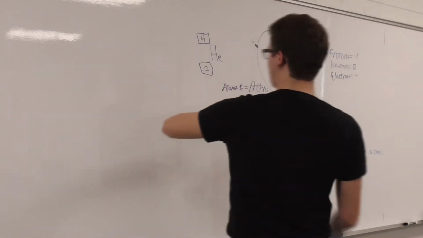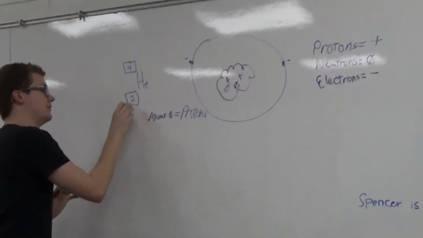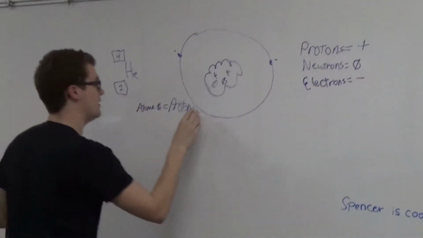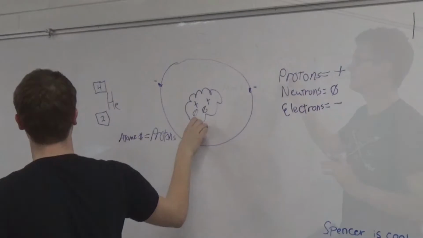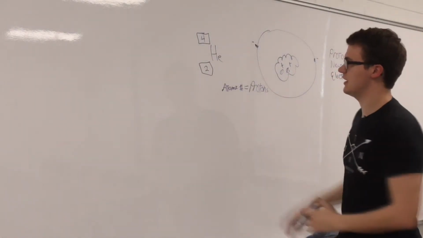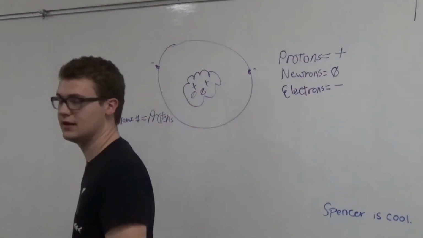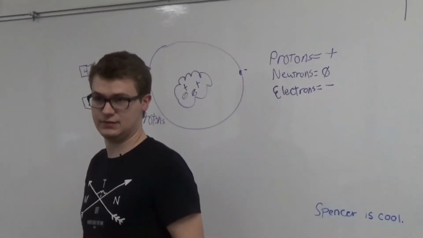And so for any given element on the chart, the number of protons in the nucleus determines the identity of the element. Therefore, in helium's case, it is the only atom that has 2 protons in it. If it were to lose one or gain one, it suddenly becomes a different element.